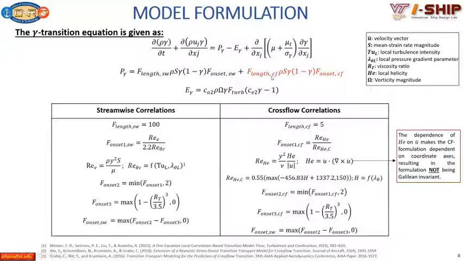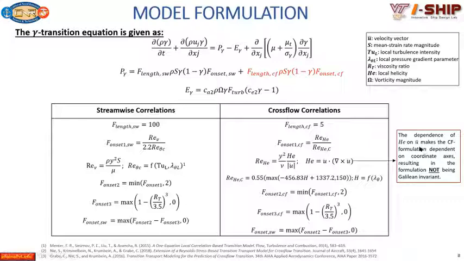And what you can see is that the stream-wise transition criteria depends on the vorticity Reynolds number, which in itself is a function of the stream-wise velocity gradient, while the cross-flow correlation is a function of the helicity Reynolds number. Now, one point that needs to be noted is that the helicity itself is modeled as a function of velocity.